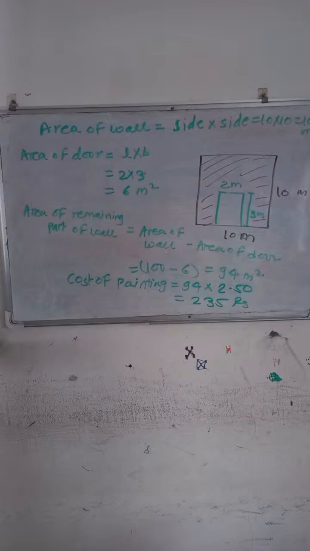If the same wire is bent in the shape of square, what will be the measure of each side?